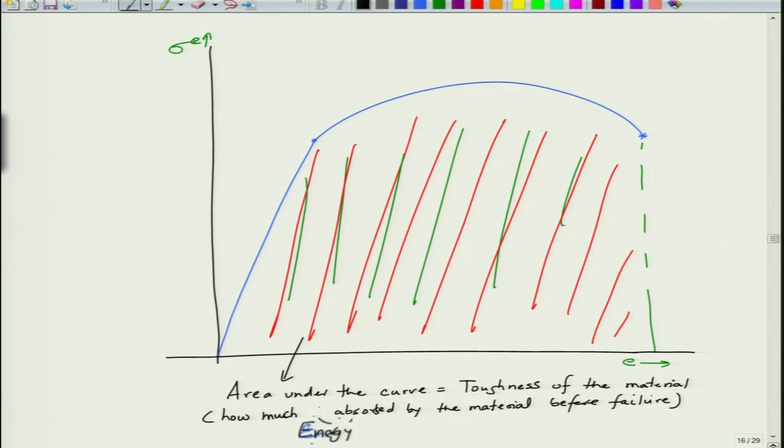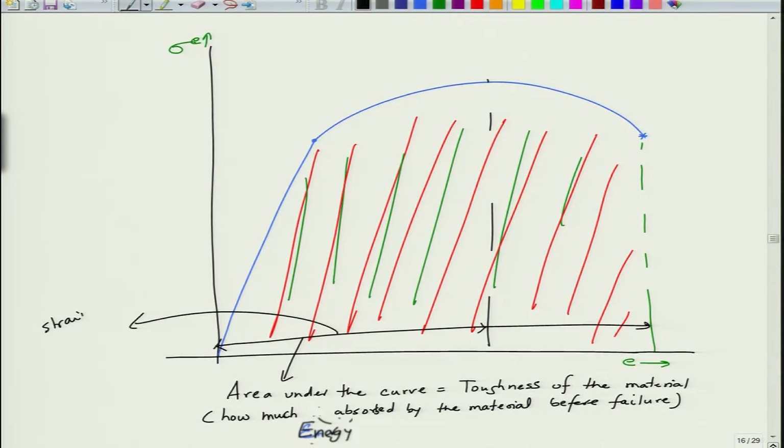For a ductile material, this is generally a large amount of energy, and this is the extent of deformation that you can carry out before failing or before ultimate tensile stress. These strains are a measure of what we call ductility: how ductile or soft the material is, how much can you deform it.